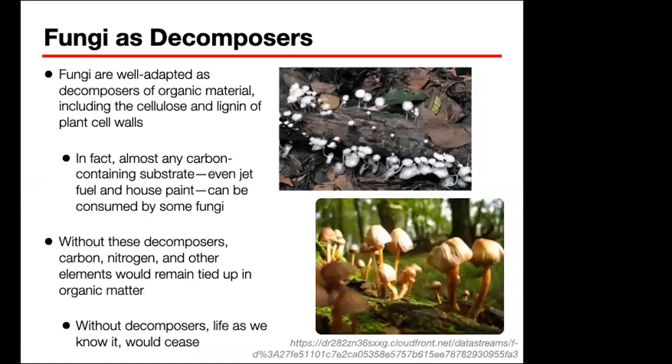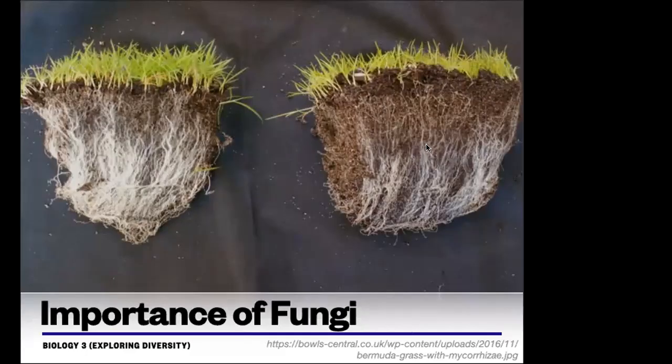Okay? So, of course, we know that, let me use the picture for reference. We have been talking about this mycorrhizae, which is basically the association of fungi and the plant root system. And you can see in the picture, which of the two has the mycorrhizae?